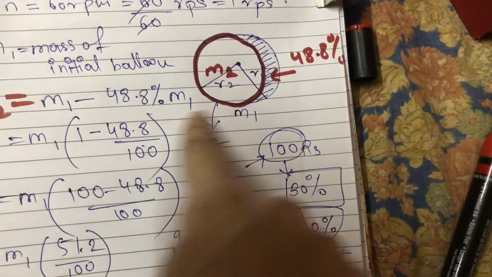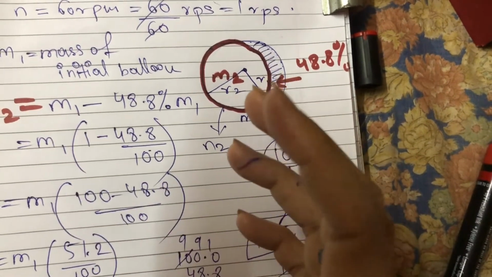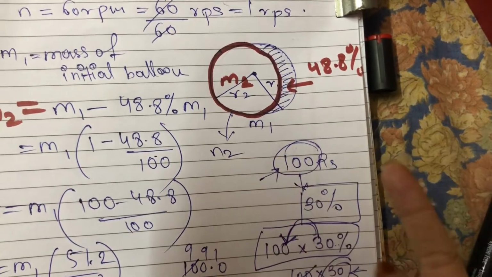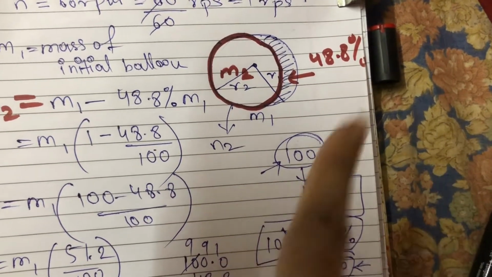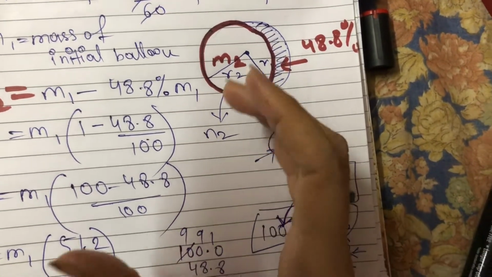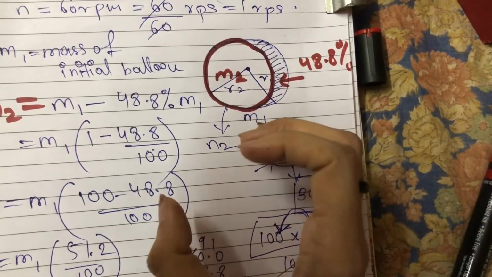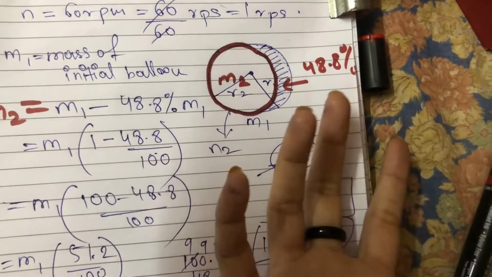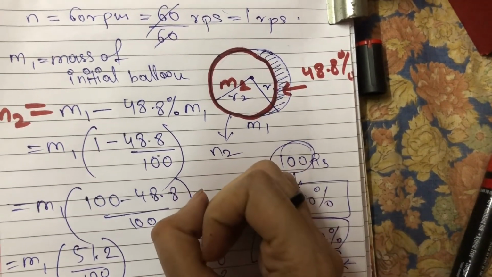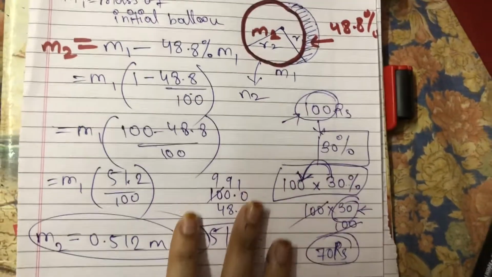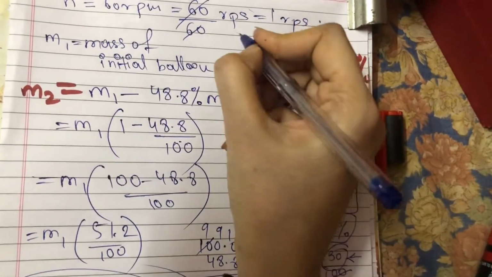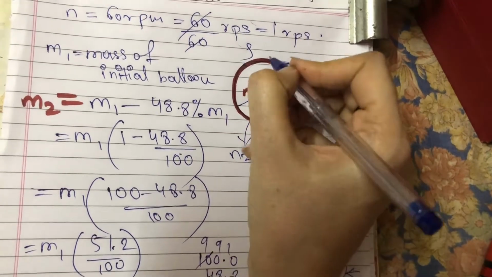The size and mass of the balloon change, but the particles of the balloon do not change. The density of the particles of the balloon remains the same, though it is filled with water or it shrinks. So both the balloons have density rho.